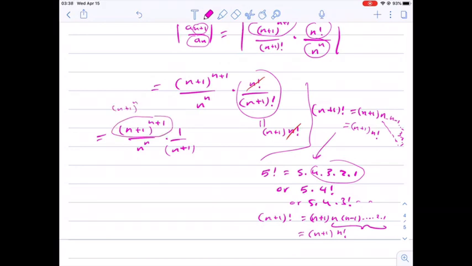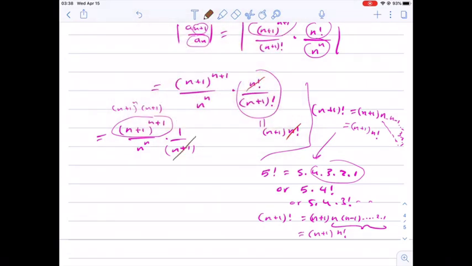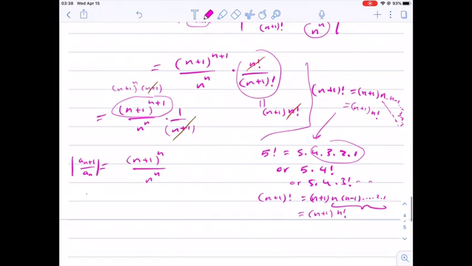And here we can cancel. We know that this is n plus 1 to the power n times n plus 1, because the power is n plus 1. And then we can cancel this with this as well. So we get n plus 1 to the power n over n to the power n. This is the ratio, a sub n plus 1 over a sub n.